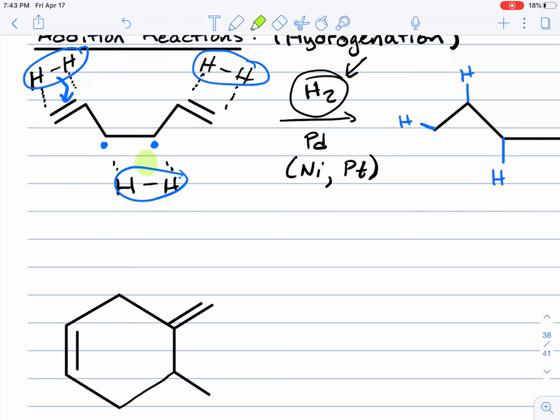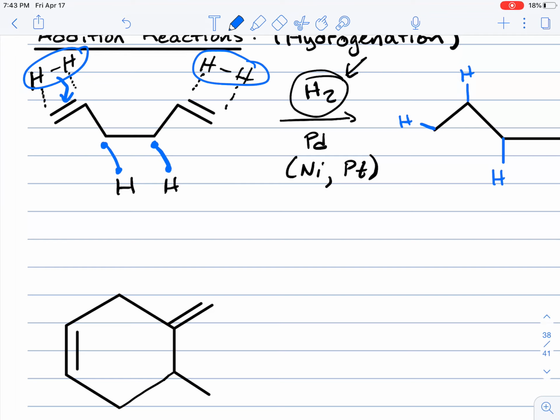And the same thing is going to occur for hydrogen. That single bond between the hydrogens is going to be broken, and the electrons that make up that covalent bond between the 2 hydrogens are going to be reformed by sharing its electrons to that of the carbons.